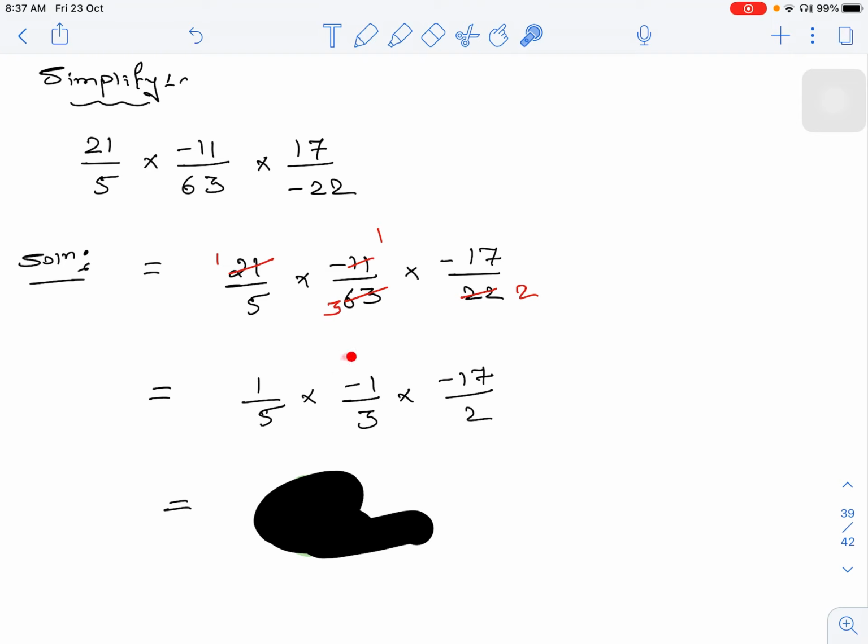Now we multiply numerator to numerator and denominator to denominator, but before multiplying we have to check the signs. The negative sign is present 2 times in the numerator, so minus into minus will become plus, and 17 ones are 17. In the denominator, 5 3s are 15, 15 2s are 30, so our answer will be 17 upon 30.